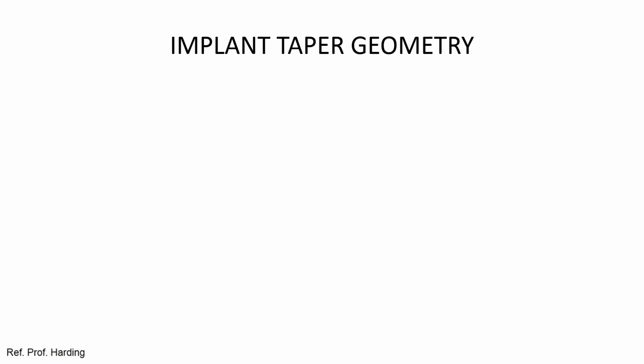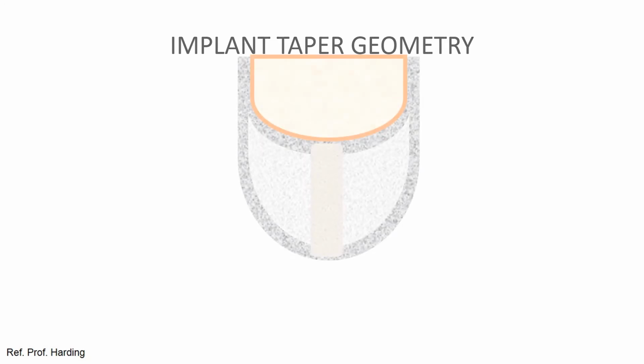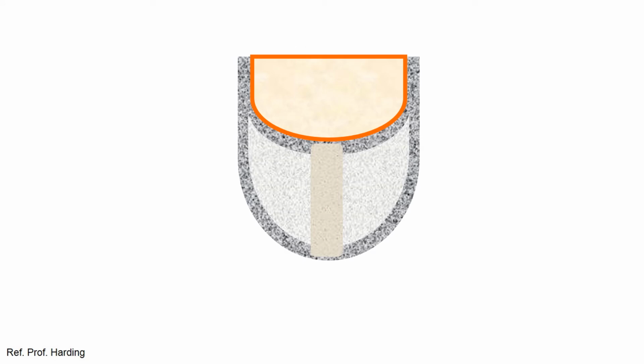Now we're going to look at the implant geometry, and we're going to look at tapered implant geometry in particular. So if we prepare an osteotomy site for a cylindrical implant and we place that implant within the bone, and we screw that implant into the bone like so, you can see that this area of bone here has had 1, 2, 3, 4, 5, 6, possibly 7 threads passing through it.